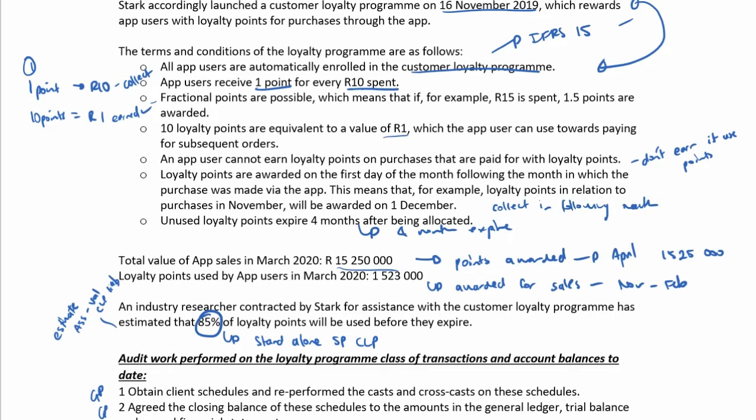Then we've said that you don't earn points if you use those points. We are going to have to test this, guys, but I want to first do the calculations. So let's put that down, but we'll leave some space for calculations. So what I want to make sure is that where somebody has used their points, they did not earn more points. Okay, so I'm going to have to go and inspect that using a sample of purchases paid with points, that loyalty points were not awarded on that purchase.